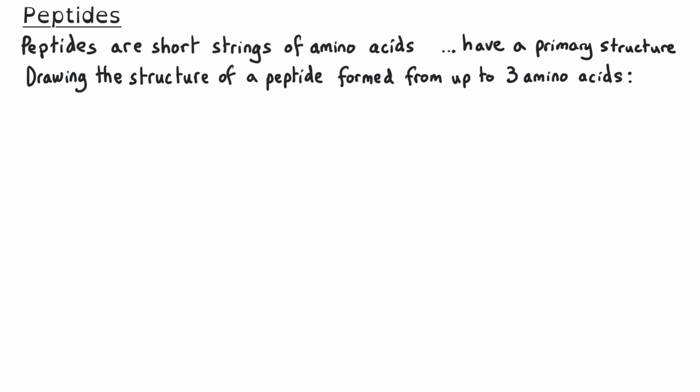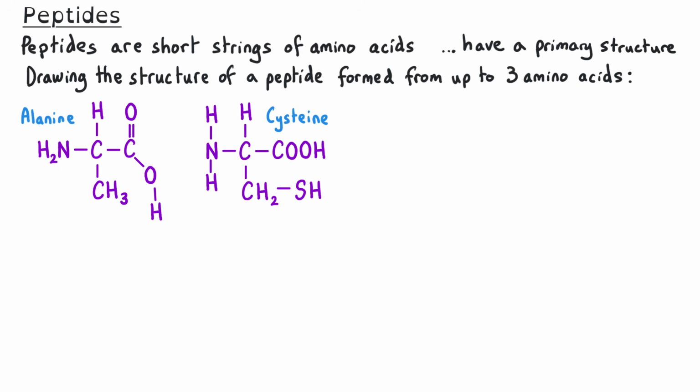You need to be able to draw the structure of a peptide formed from combining up to 3 amino acids. For instance, combining alanine with cysteine. And both of these amino acids are shown here. When this happens, a new bond forms between the carbon atom from the acid group on the alanine and the nitrogen atom on the amino group in cysteine.